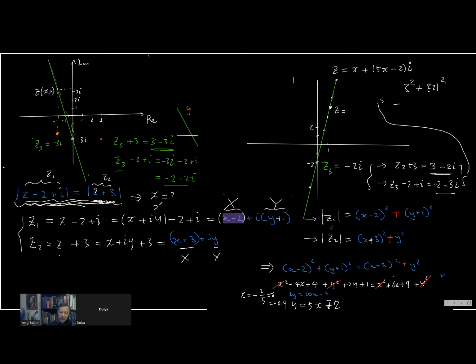Sometimes this equation gives you a unique pair of x and y, but in other cases, as we saw here, we get dependent x and y. So y is equal to 5x minus 2. Can you see? So that's it. Basically, this is the graph.